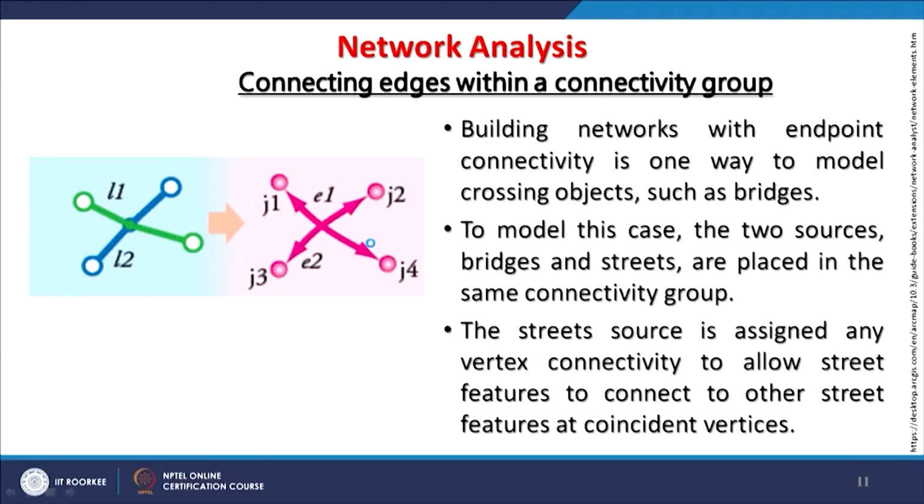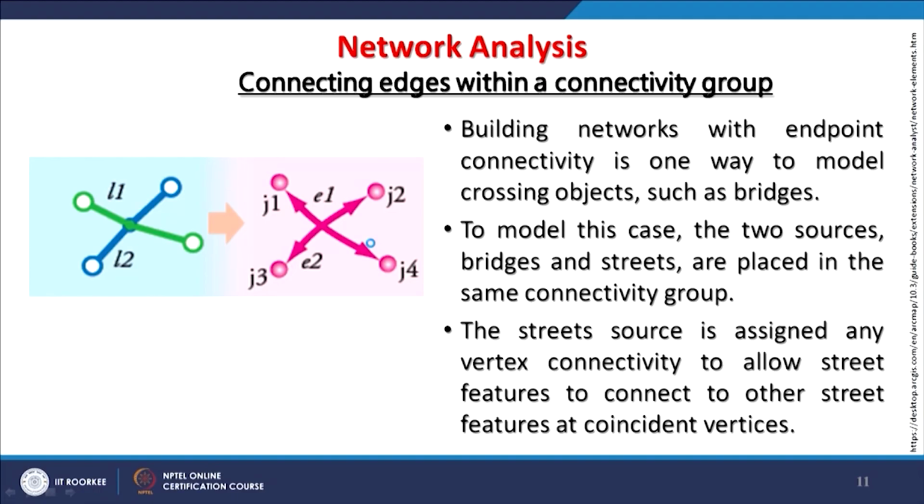And we have to model, that means organize, the two sources, bridges and streets, placed in the same connectivity group. Then only these things can be used in GIS.